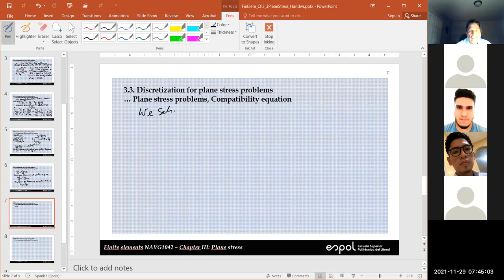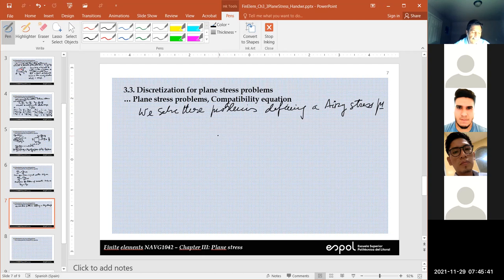We solve these problems defining what we call an Airy stress function, okay? Some people call it Airy. There are some other versions of this name, but I guess this is one of the most common ways to call it, Airy stress function.